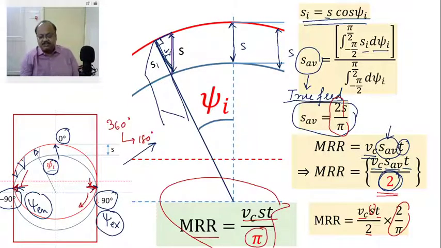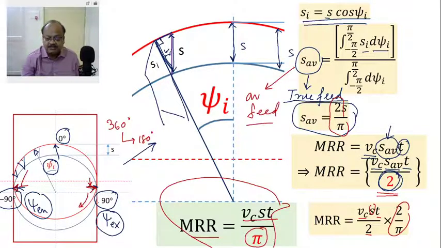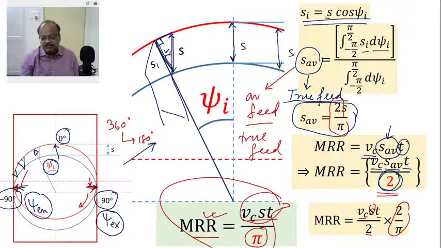That means using the concept of average feed or true feed, it is possible to calculate material removal rate using the generalized approach of VCS and T. You will have something in the denominator, and that something will come from two places: what is your average feed, and for what fraction of the total rotation there is actual cutting operation.